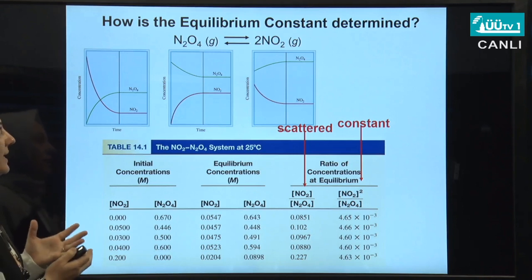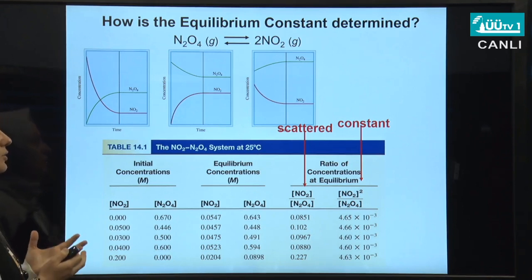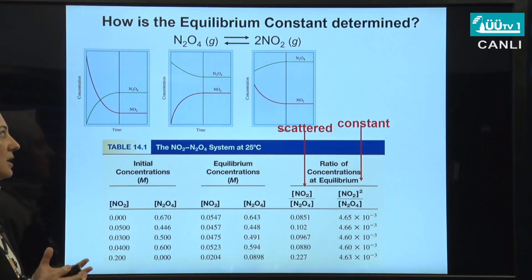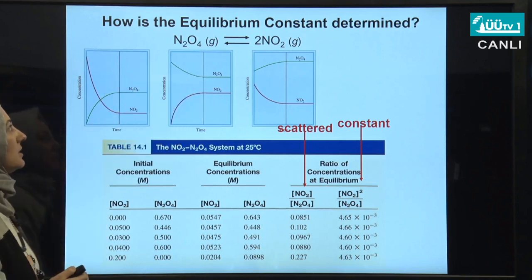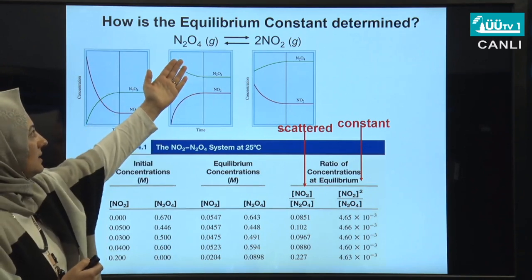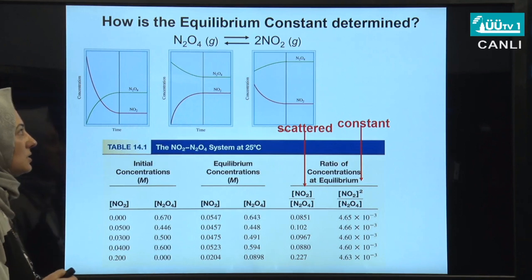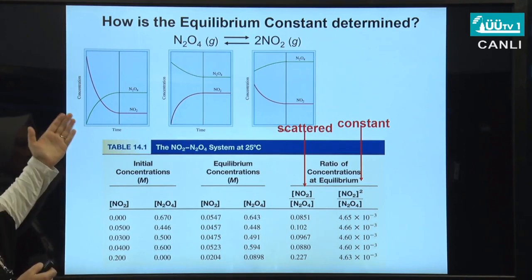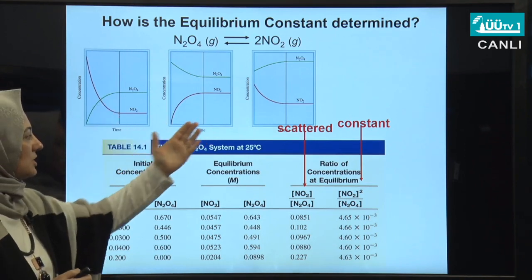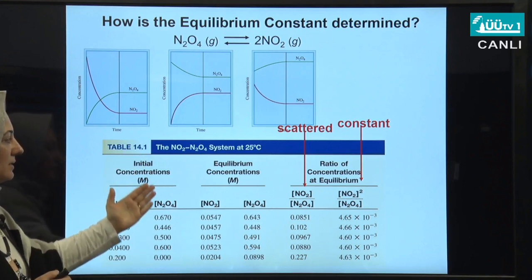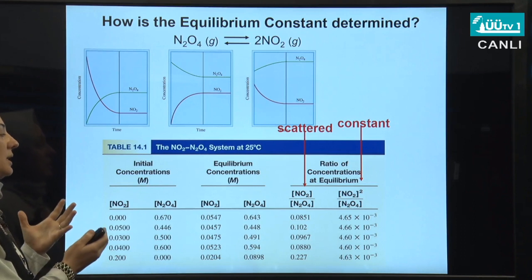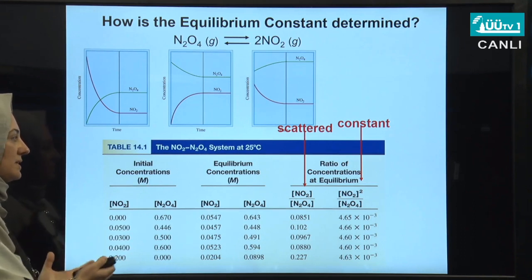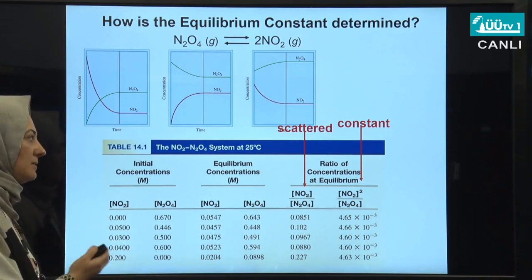So how can we determine the value of the equilibrium constant? What is the equilibrium constant? Let's investigate this first. For the same reaction in which nitrogen tetroxide goes to nitrogen dioxide, starting with different concentrations, experimental data are recorded, because equilibrium can only be investigated by experimental means.